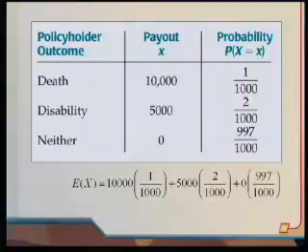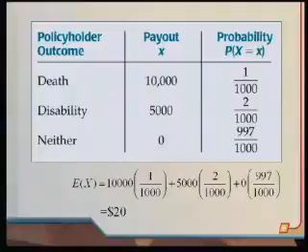That means their expected payout averages $20 on every policy they sell. How can the insurance company turn a profit? Well, all they have to do is charge policyholders more than $20 on each policy. We'll talk more about that answer in a few minutes.